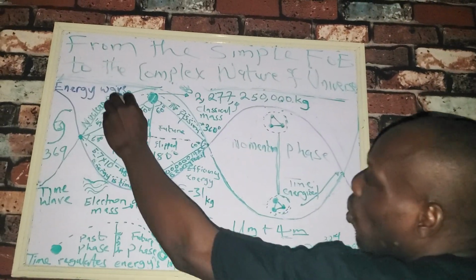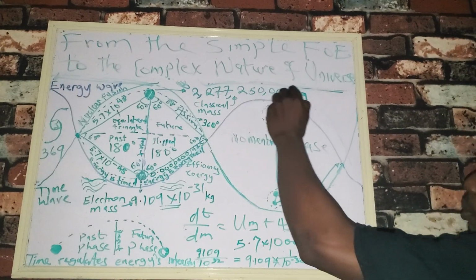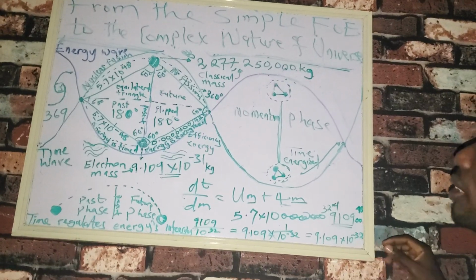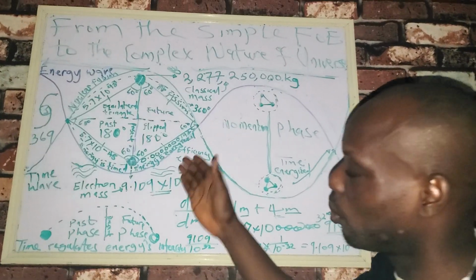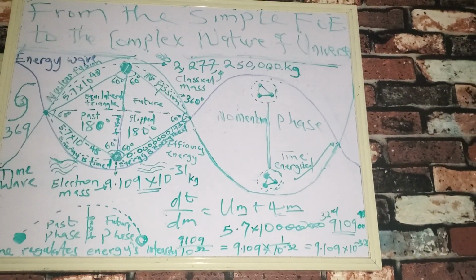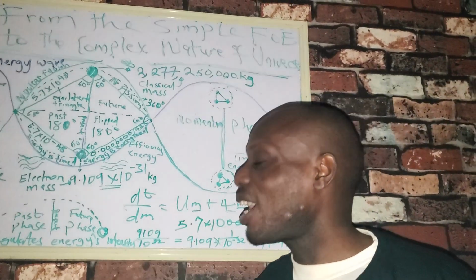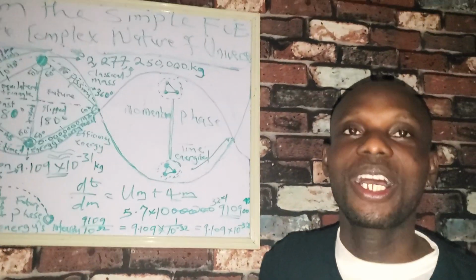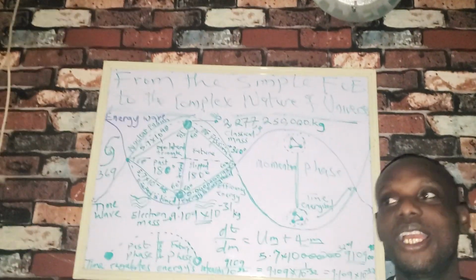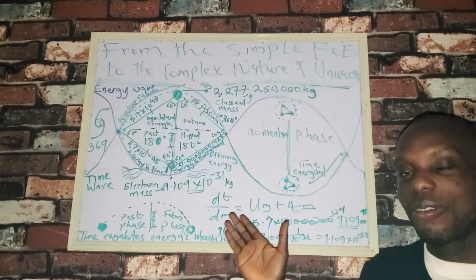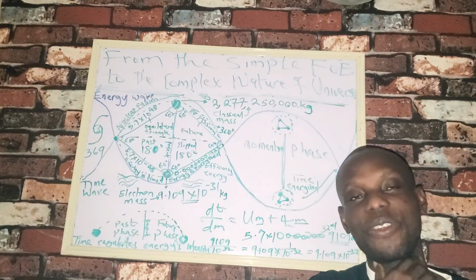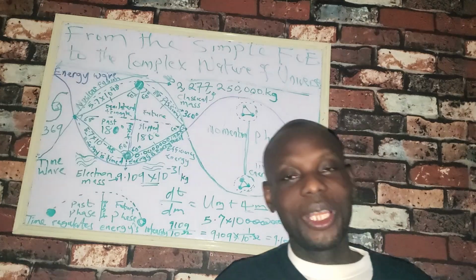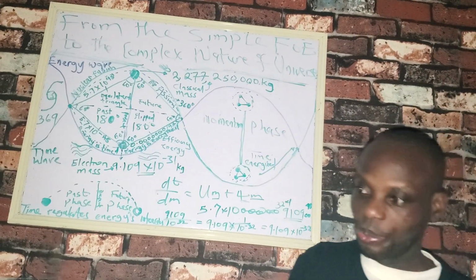So it will go from the position phase to the momentum phase, then it will start all over again, and then we have that infinity symbol as what we have on the board. So that is it about the formula of everything, how we can move from applying the formula of everything, as simple as it is, to the complex nature of the universe.